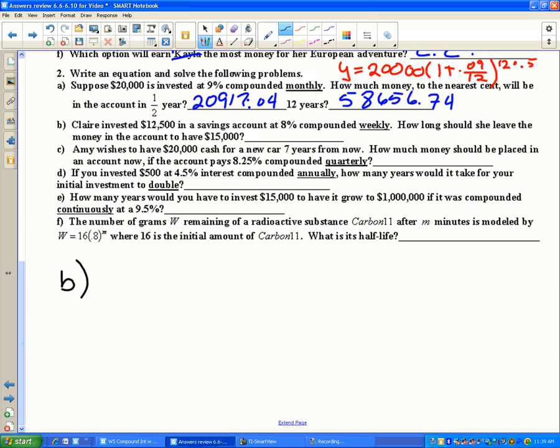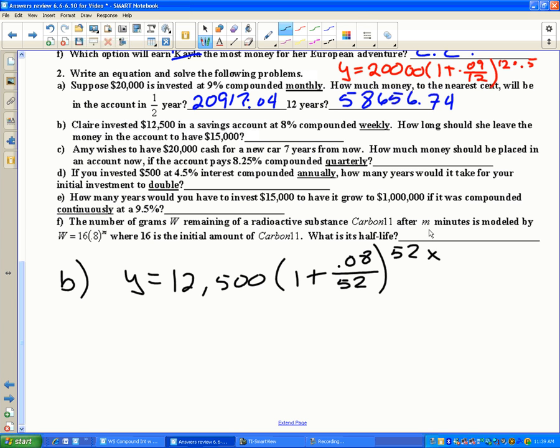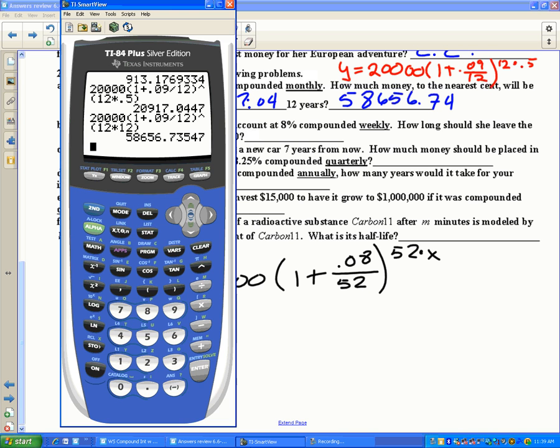We're going to say y is equal to my initial amount, $12,500, times 1 plus my rate of 0.08 divide by 52, since I want it weekly, to the 52 times x. I don't know how long. I want to find how long, but I want to be able to make $15,000. So this is where I go to my calculator.